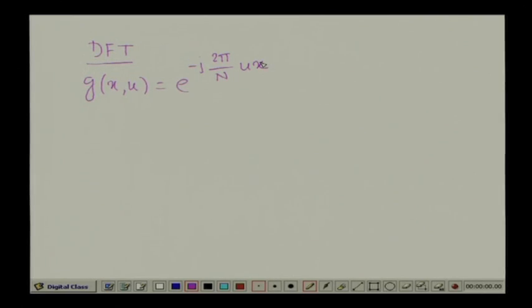Similarly, for the discrete cosine transformation as well as for other transformations like Walsh transform or Hadamard transform, in all those cases the transformation kernels are fixed. The values of the transformation kernel depend upon the locations x and u. The kernels are independent of the data over which the transformation has to be performed.